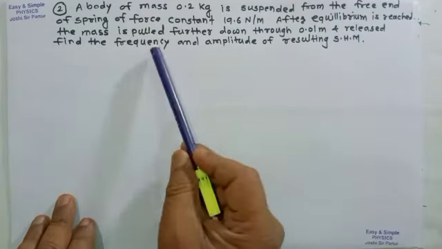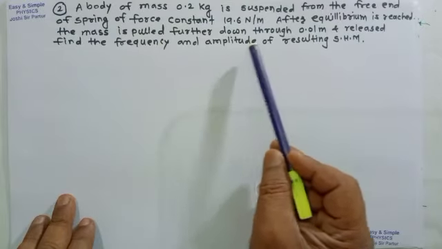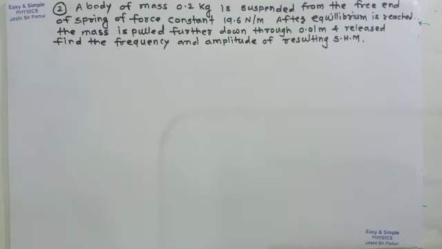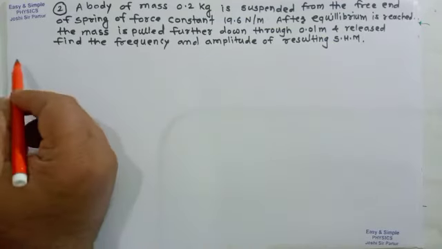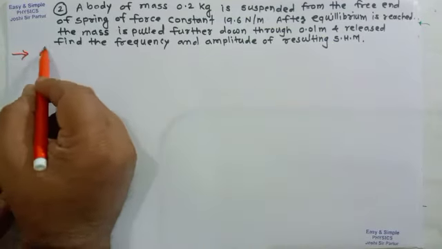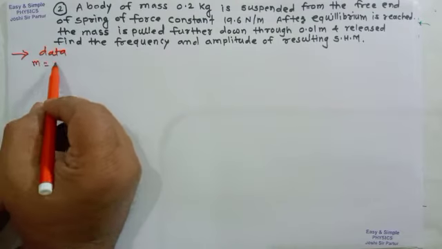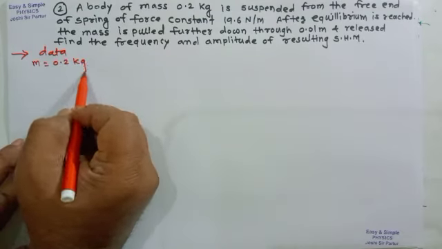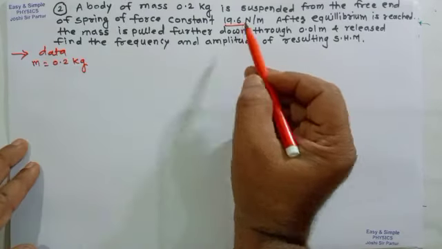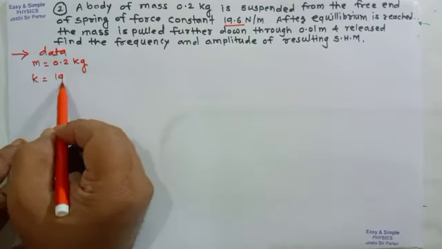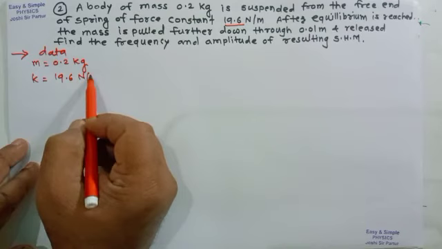Find the frequency and amplitude of the resulting SHM. So here, we can write the data. First of all, mass is given, that is 0.2 kg. Here force constant K is given, that is 19.6 Newton per meter.